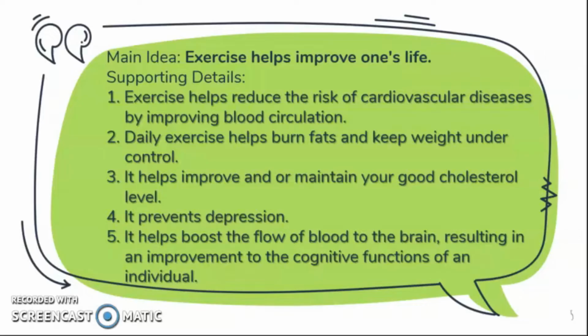If you can see in the given example, our main idea is exercise helps improve one's life. And the supporting details expound or elaborate on how exercise improves one's life.